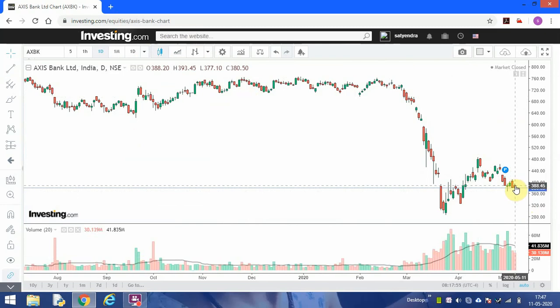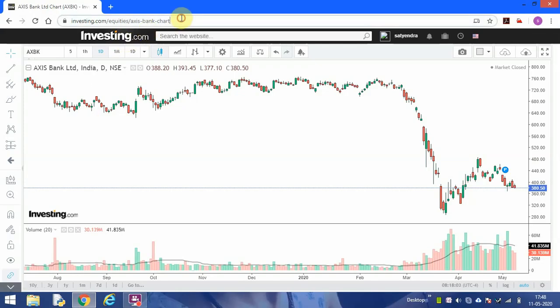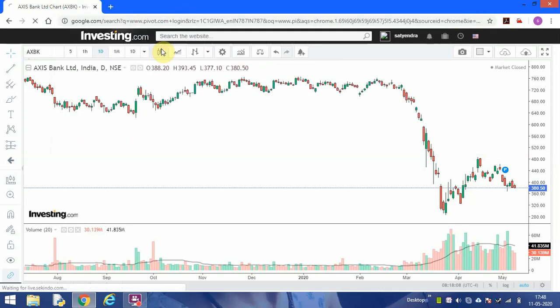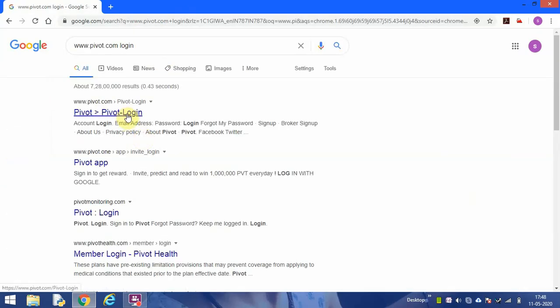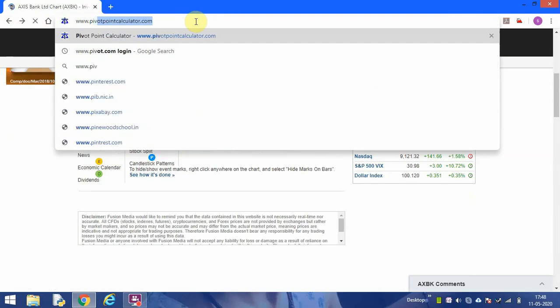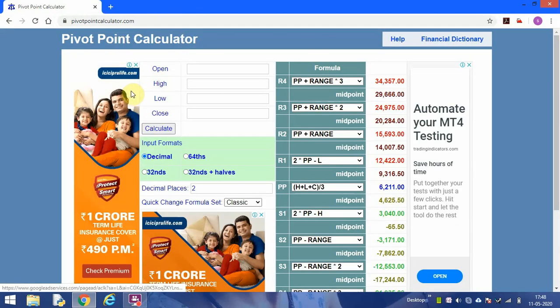Once you put the cursor, you will get open, high, low, close in this place, and put the open, high, low, close into the pivot point calculator. You write down the values here and note them down: R1, R2, R3, S1, S2, S3.